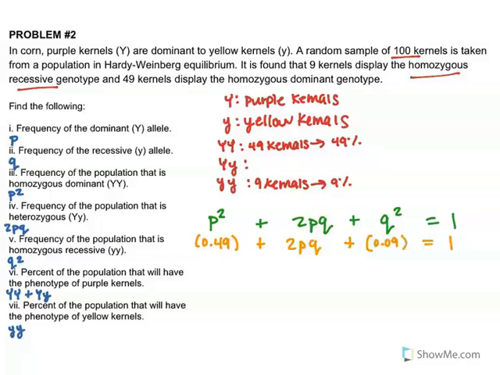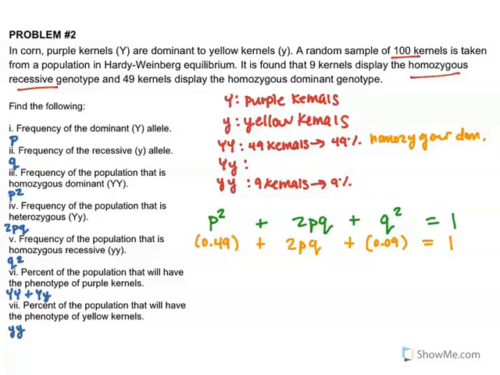Okay, I already have P squared. This is P squared telling me homozygous dominant. 49% converted to decimal, 0.49. That is P squared. Always substitute homozygous dominant for P squared. I don't need to figure anything out. That is P squared. I don't need to solve for P yet.